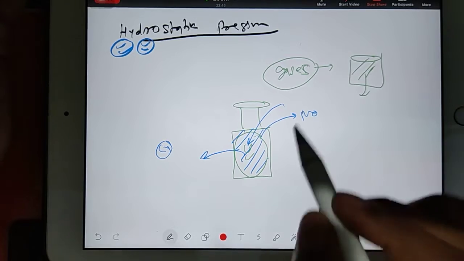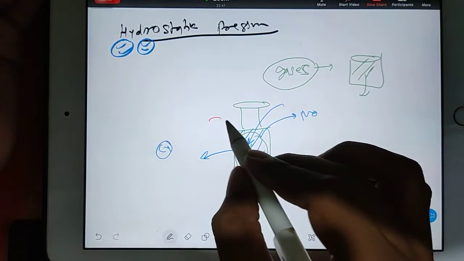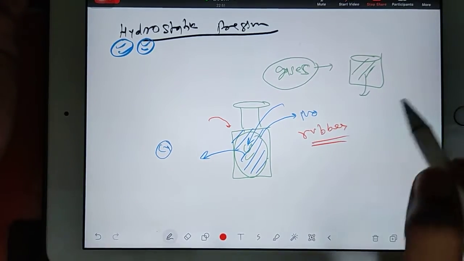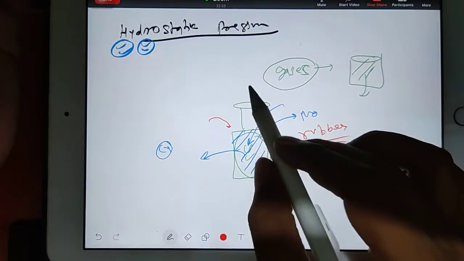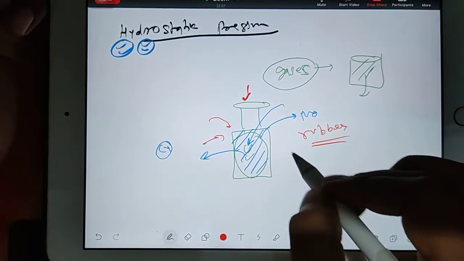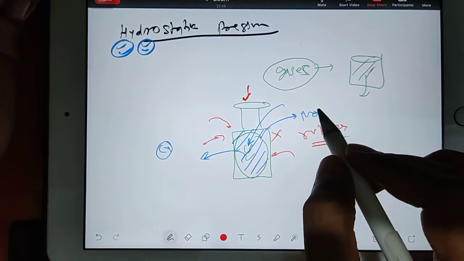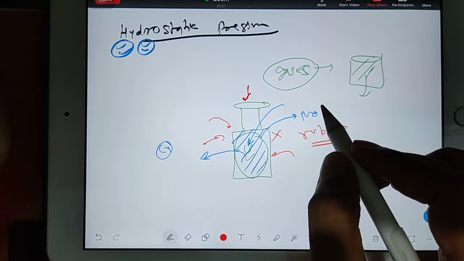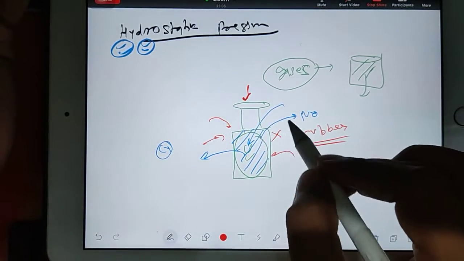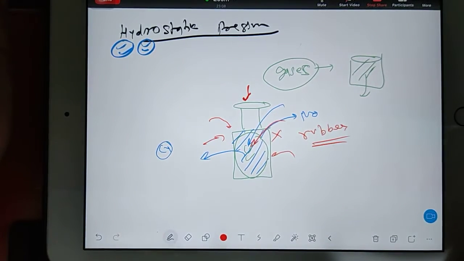Imagine this cylinder is made up of rubber. Rubber means just rubber. And imagine that it is not having weight. Imagine a cylinder without weight. Skin is there, surface is there, boundary is there, but no weight. When there is no gas, no weight.